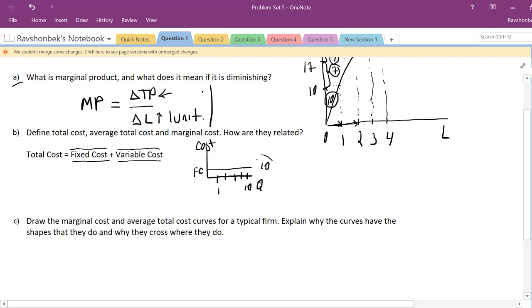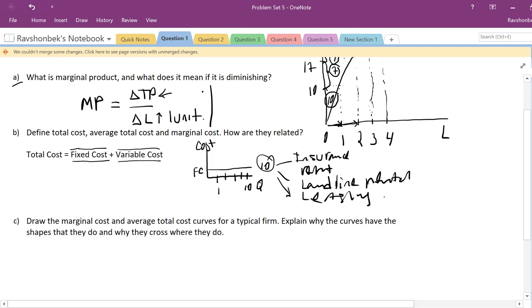Total fixed cost could include business insurance, rent, landline rental costs, mobile phones, leasing of machines, and so on. Regardless of how many units you produce, these are fixed. The cost of these items does not change with output.